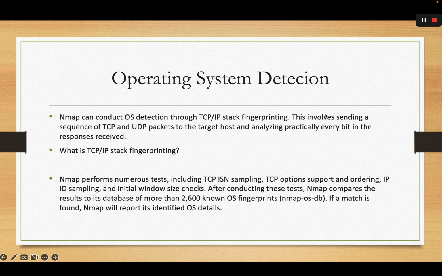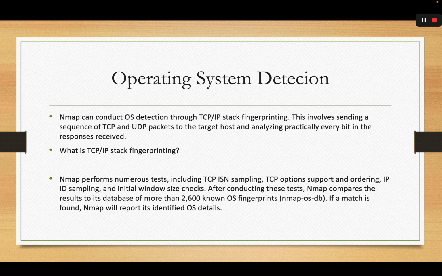Now, let's look at operating system detection. Nmap can do OS detection through something called TCP/IP fingerprinting. What is TCP/IP stack fingerprinting? It's a technique used to determine the operating system of a remote host by analyzing its network traffic.